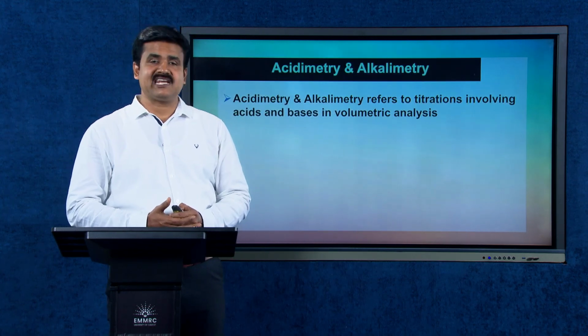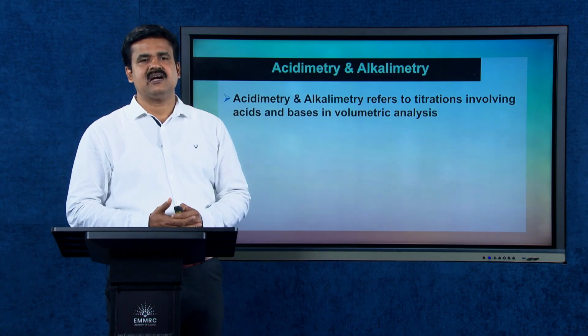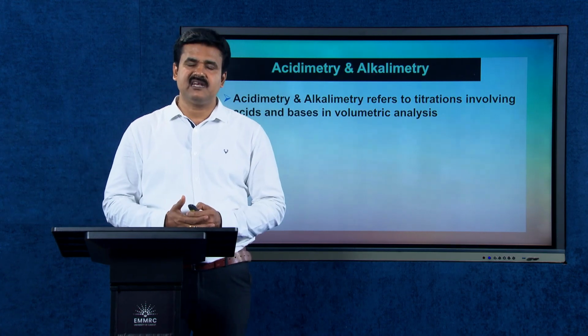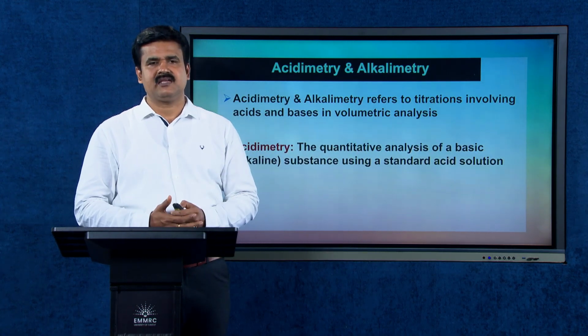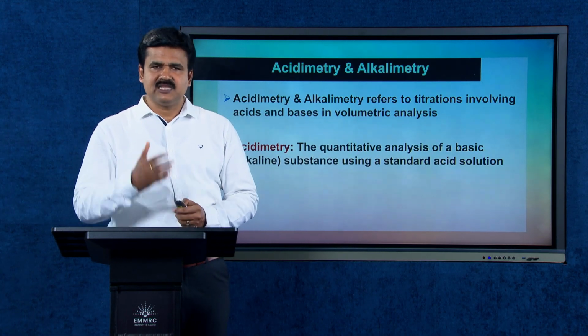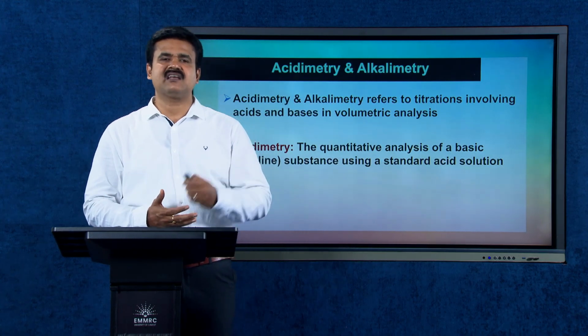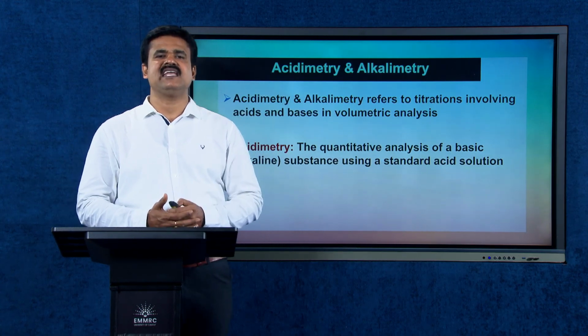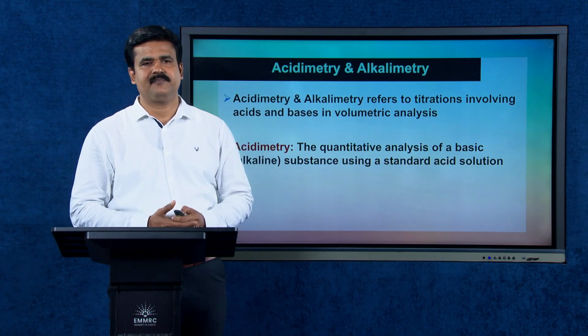Acidimetry and alkalimetry refer to titrations involving acids and bases in volumetric analysis. In acidimetry, the quantitative analysis of basic or alkaline substances using a standard acid solution is performed.